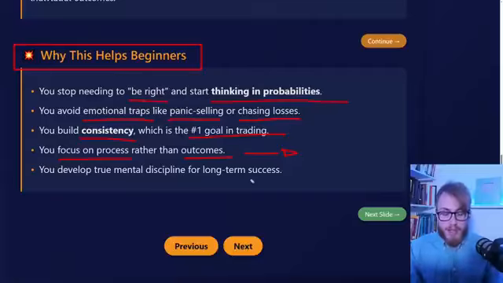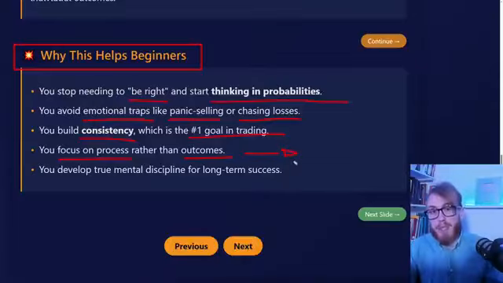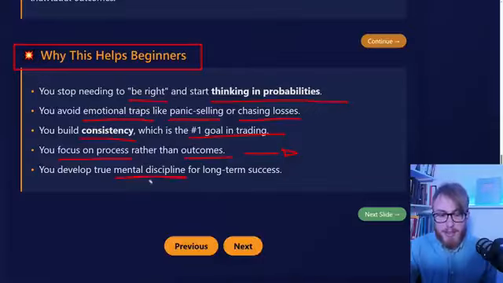The only thing you as a trader can control is your trading strategy. You can control your psychology so that you follow your trading strategy, but you can't control if you will win or lose. At the end of the day, there will be some randomness involved. So by following these principles, you will also develop a true mental discipline for long-term success.